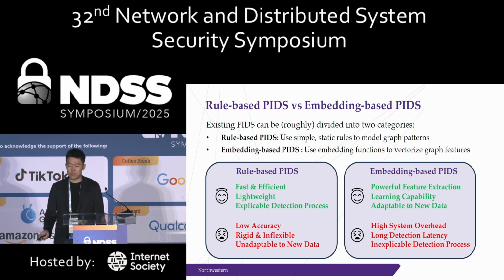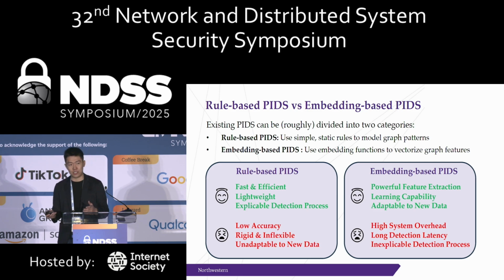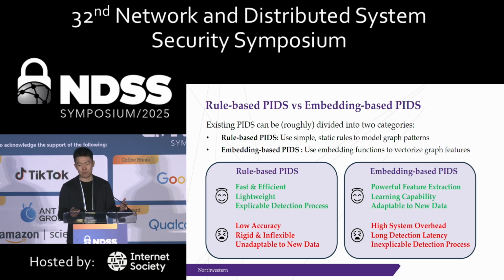So what's the problem? People love rule-based PIDS because it's very fast, efficient, and lightweight, and the detection process is fully explicable. But it usually suffers from low accuracy because of rigid and inflexible rules; it cannot adapt to new detection environments or new data patterns.